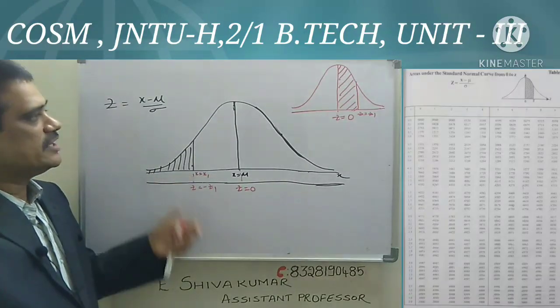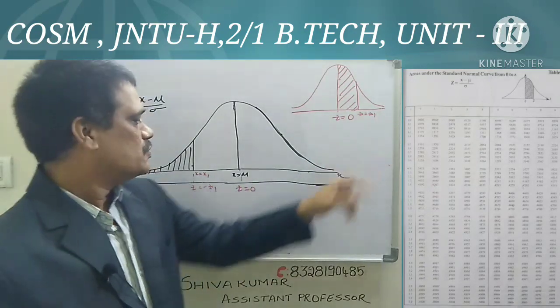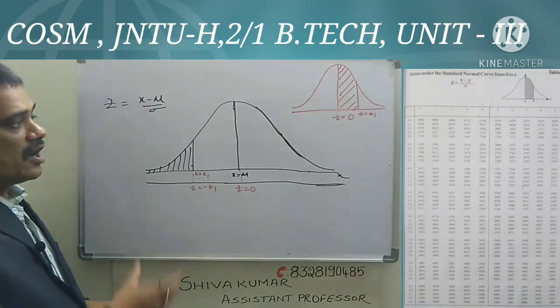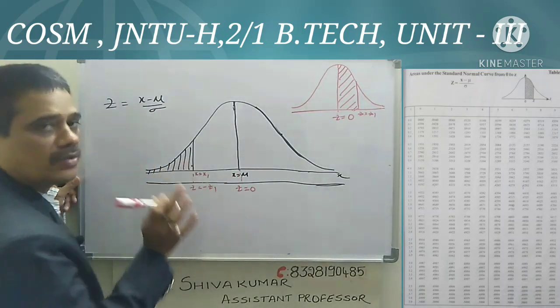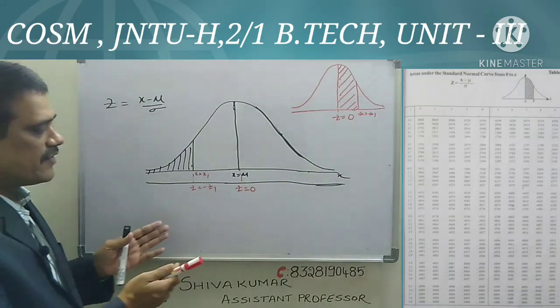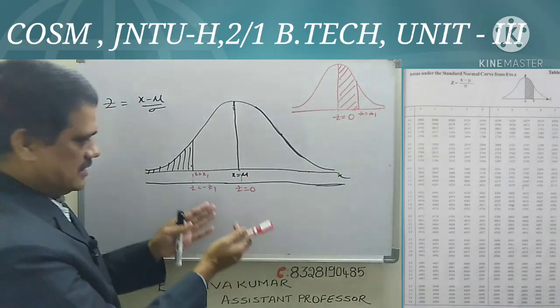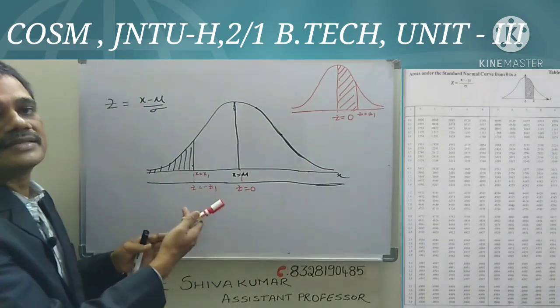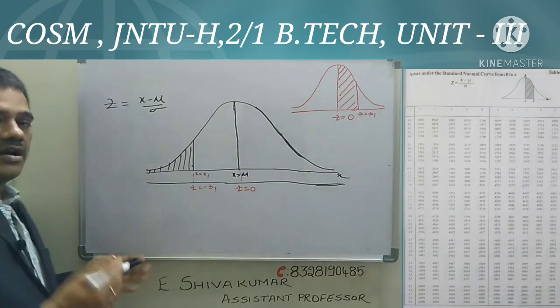How? So the table values are given from z is equal to 0 to z is equal to z1. So you have to see the table values from z is equal to 0 to z is equal to z1 only. Why? Because it is symmetric. If you take the area from z is equal to 0 to z is equal to plus z1, it is the same as z is equal to 0 to z is equal to minus z1. Both are same only.